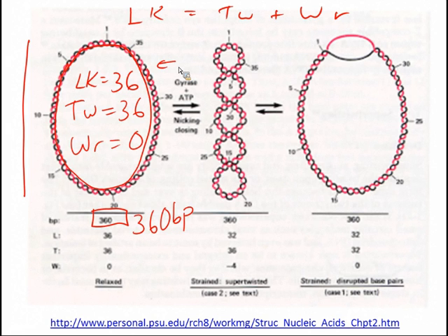So maybe your relaxed form might have a writhe of 0.5 or minus 0.4, but it's called relaxed if it's close to 0. Suppose we now take a protein that cuts the DNA and changes the linking number. So basically what we have is going from, let me actually clear my screen so I have a little bit more room.